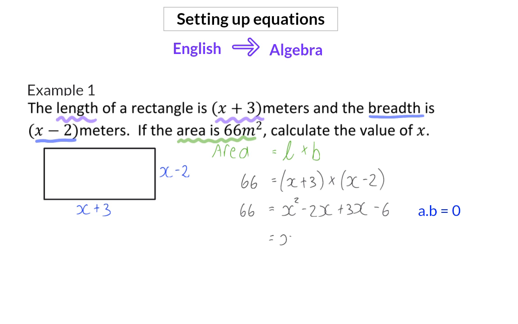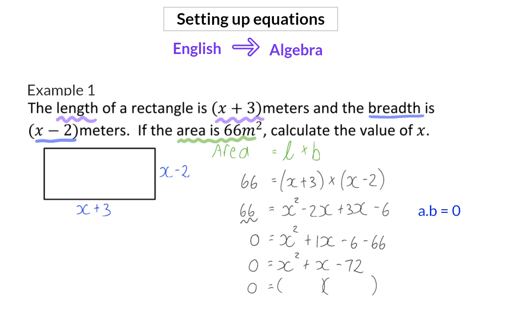Firstly, you can simplify by adding up the like terms on the right-hand side to get 1x, and then I'm also going to take the 66 on the left and subtract it on the right to get a 0 on the left-hand side. And now we have x squared plus 1x minus 72, which is a trinomial that we can factorize.